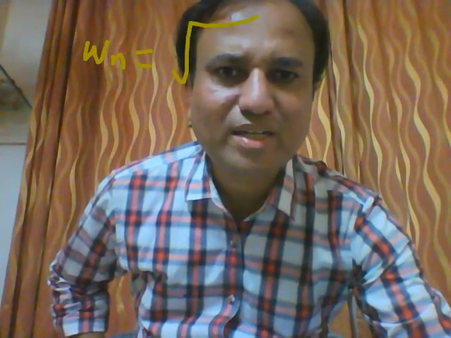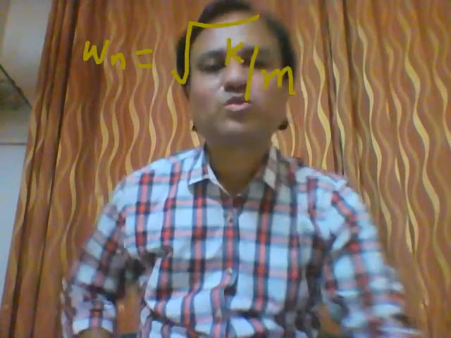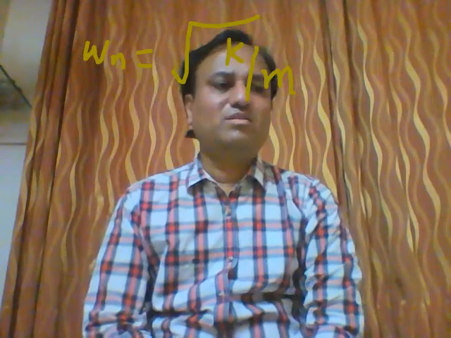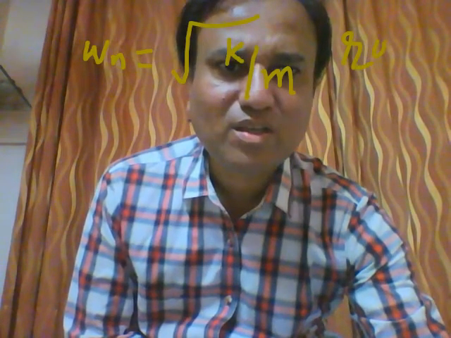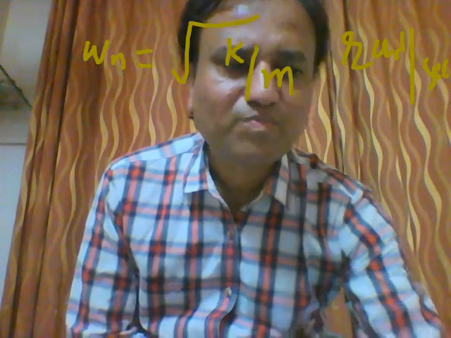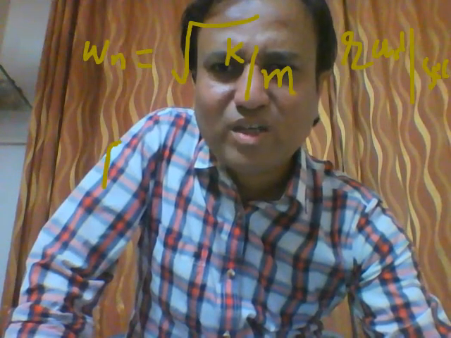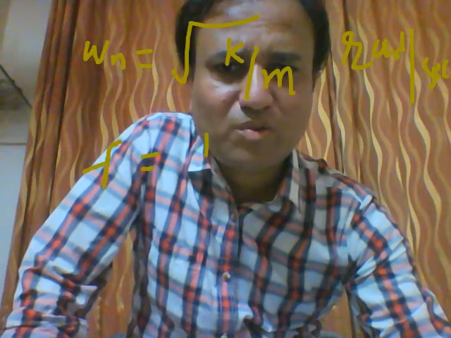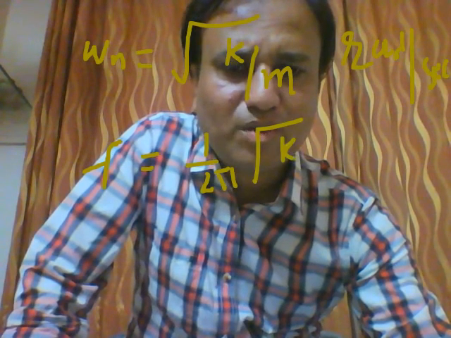I will replace omega by omega n, square root of k by m. Do the simplification; this will be the final expression. So omega n frequency you are getting in radian per second. We already know that omega n is equal to 2 pi f, where f is the frequency in hertz. So it will be 1 by 2 pi into square root of k by m.